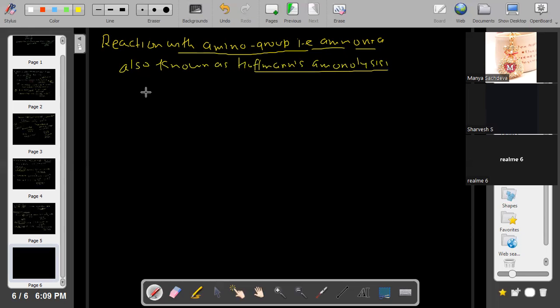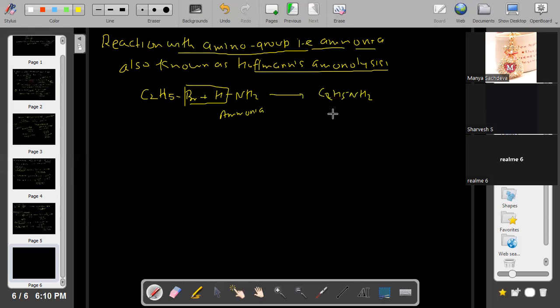C2H5 Br here, then NH3 ammonia. HBr moves out, then you get C2H5NH2. That is the primary amine.